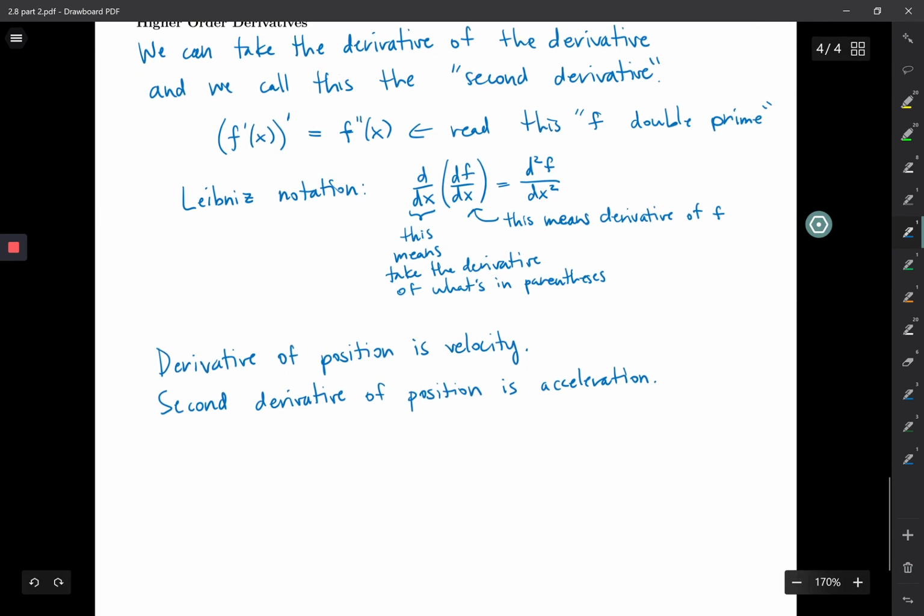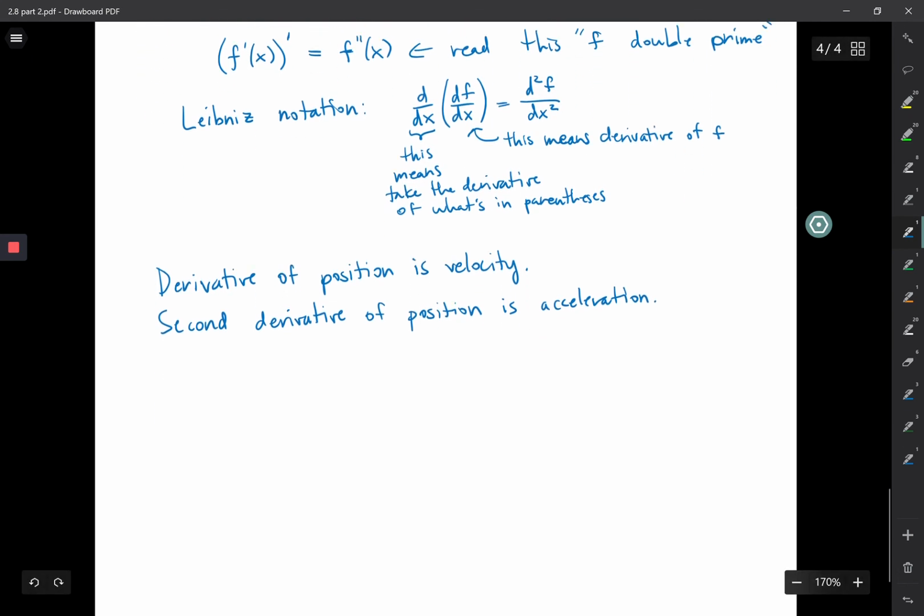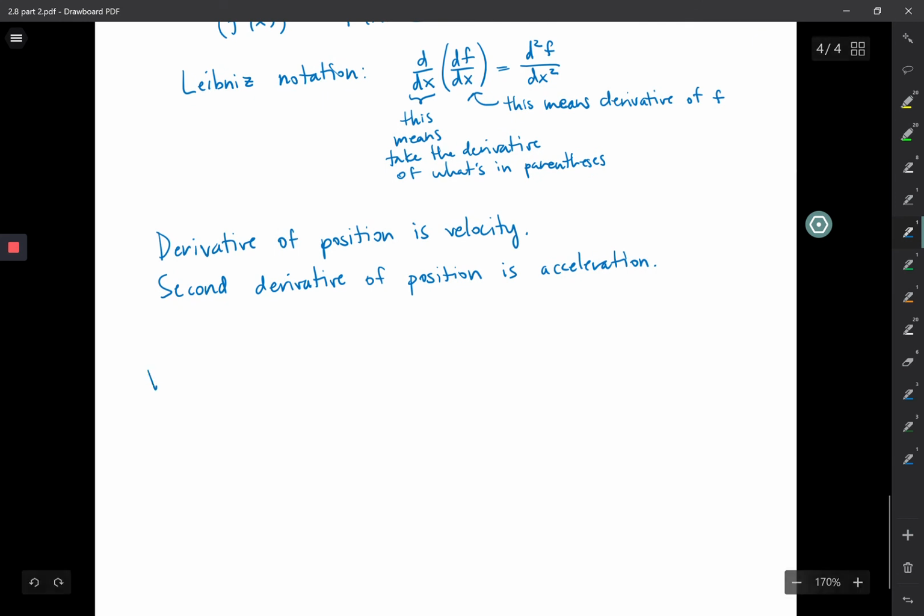Okay, so we can just keep going with this. We can take the derivative of the second derivative, and we get the third derivative, the third, fourth, fifth, as many derivatives as you like.